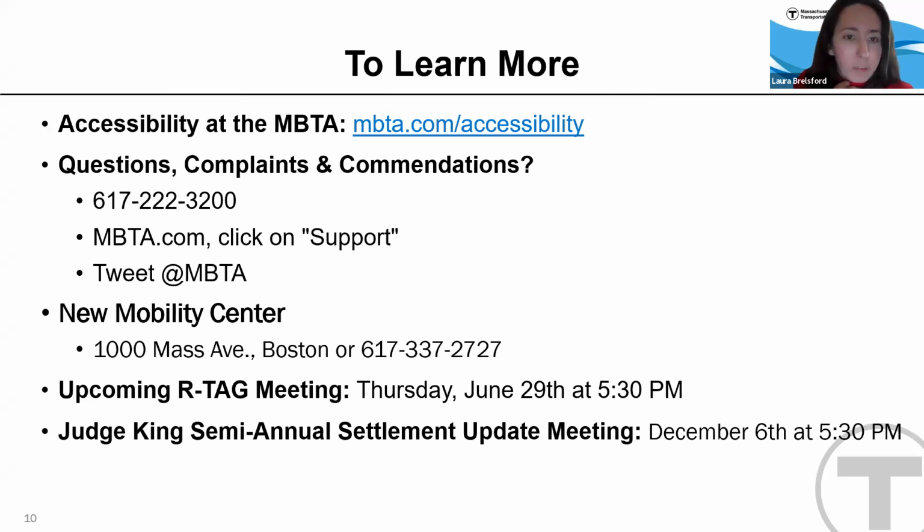Before I introduce the first presenter, we'd like to remind everybody that in addition to checking out that initiatives report, if you'd like to learn more about accessibility at the T, there's a number of ways to do that. If you go to mbta.com/accessibility, we have a ton of information and resources available there.